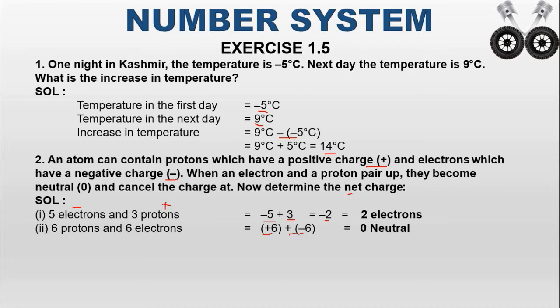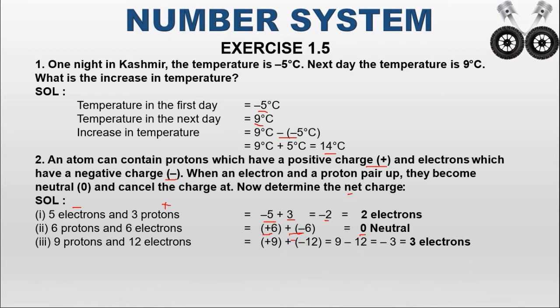Here the two operators are near together, that means we have to find the sign. Plus into minus becomes minus. Both signs are different, that means you have to put the negative sign. So plus 6 minus 6. These two integers have different signs, that means you have to subtract. So 6 minus 6, the answer is 0. 0 means it is neutral.